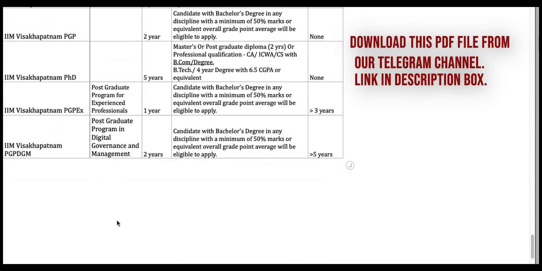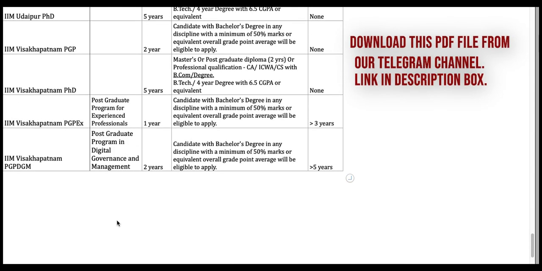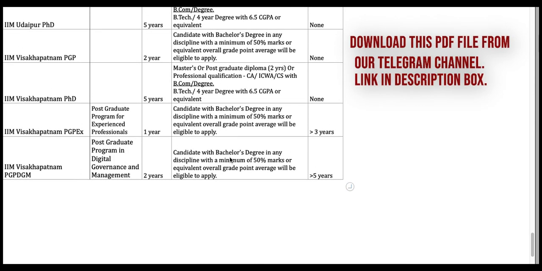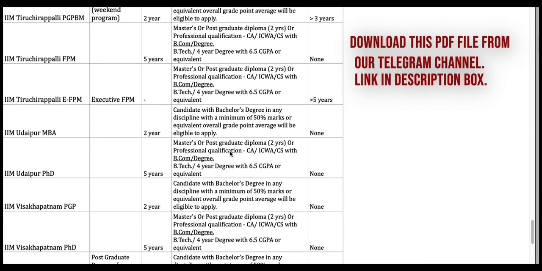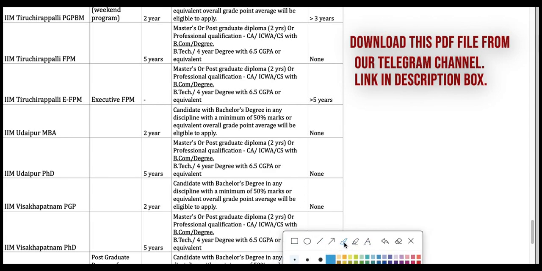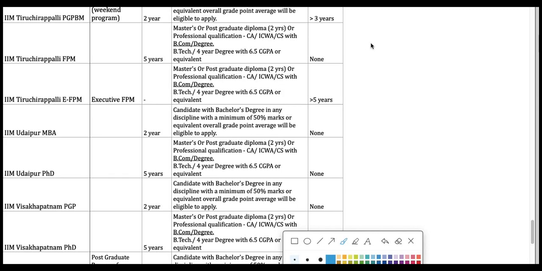So I think I have told you guys which all forms to fill. So any freshers should be filling PhD program, and then agribusiness management and MBA and PGP. I'll write it here just to make sure that you people have a very good idea about what all programs you have to refer to.